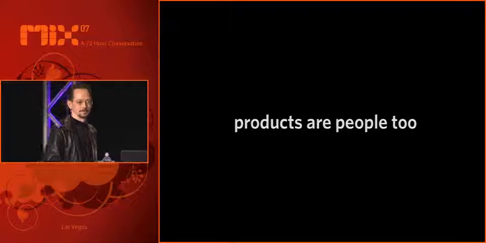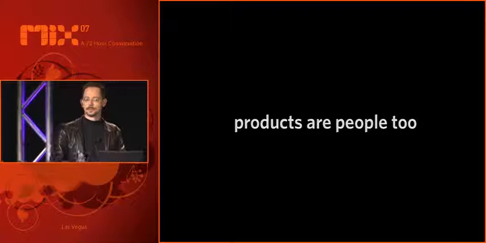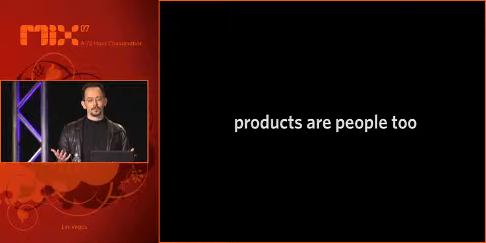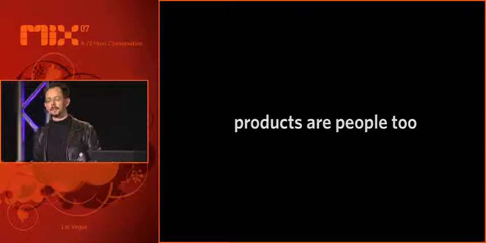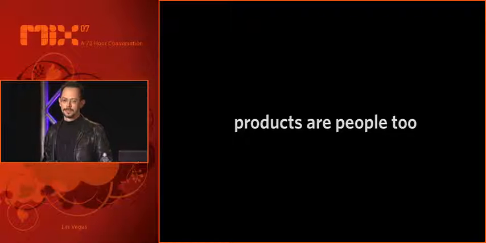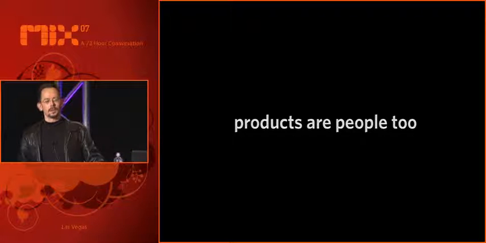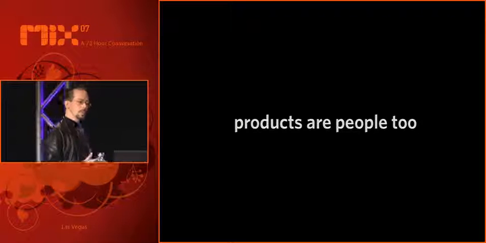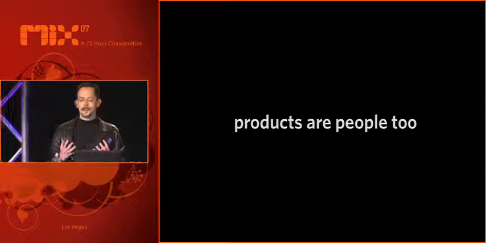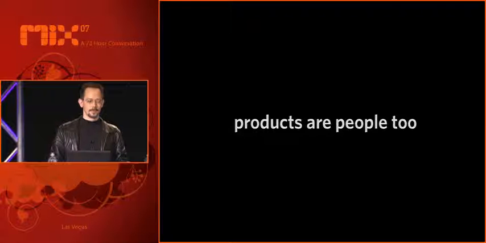They were harsher. And the conclusion that the researchers reached after the study was that the people who were sitting in front of the same machine that they'd been using to use the software didn't want to hurt the computer's feelings. The product is a person to us.